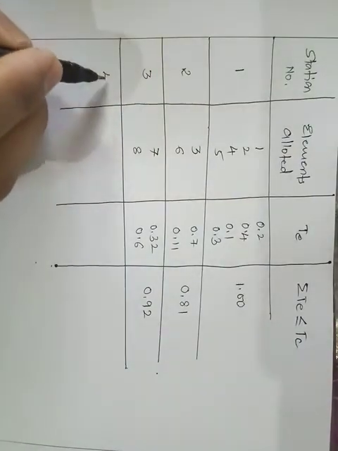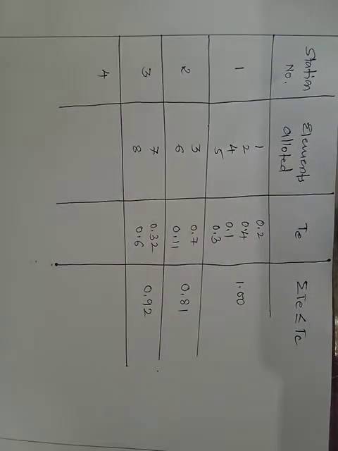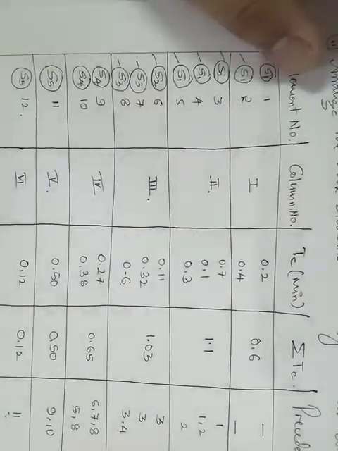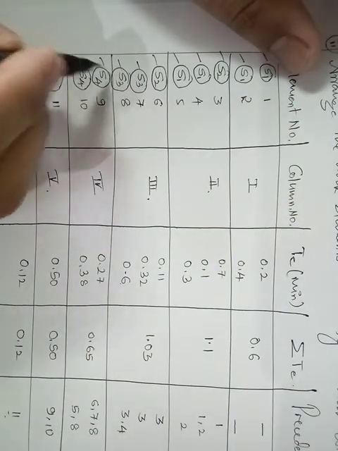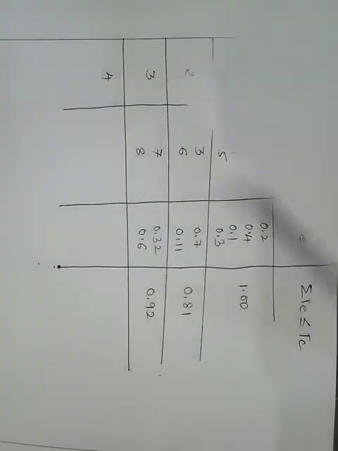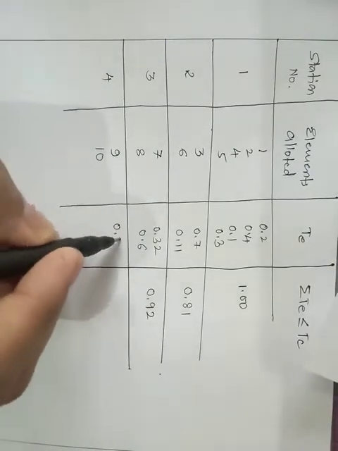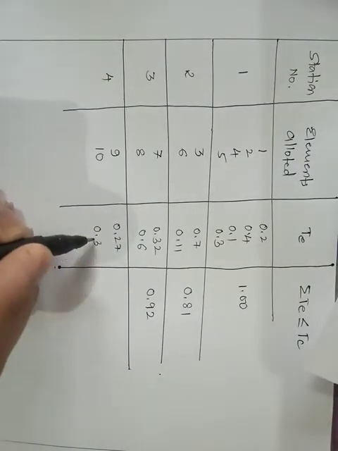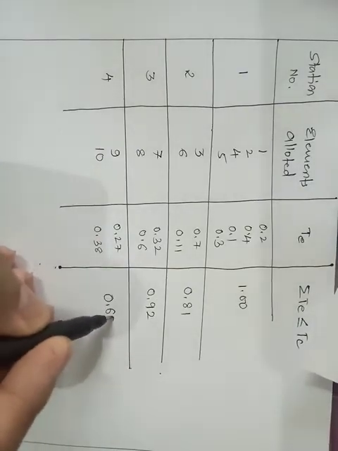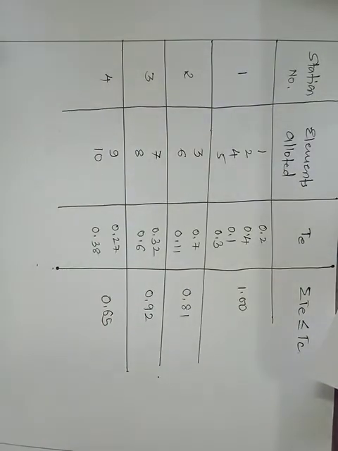Close this. Go for 4. Just check where you have station number 4. This is station 4, 9 and 10: 0.27, 0.38, 0.65, which is still less than 1.